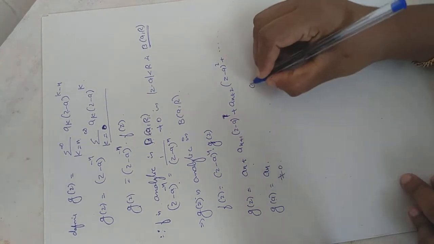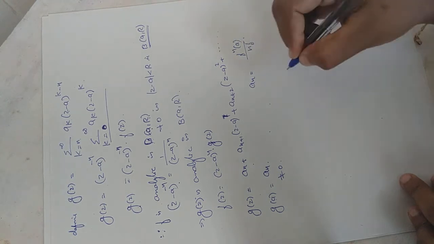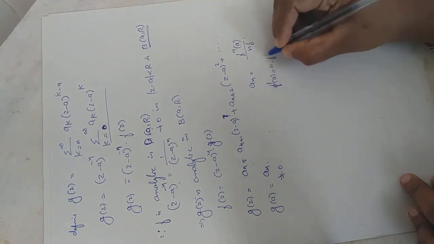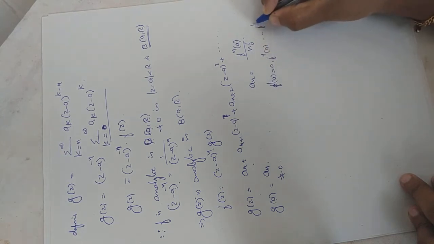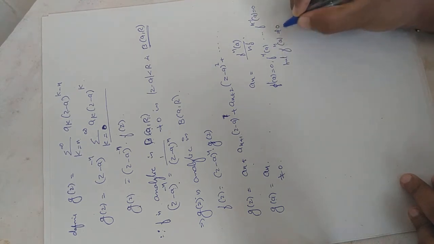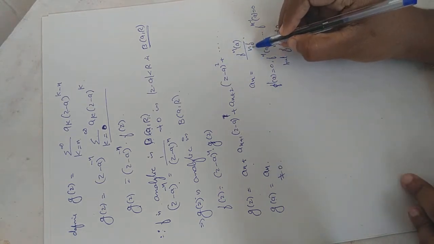And a_n is a non-zero term. Why? Because a_n is defined by the nth derivative of f divided by n factorial, and we have assumed that f'(a) = 0, f''(a) = 0, etc., up to the (n−1)th derivative at the point equal to 0, but the nth derivative at a is not equal to 0. So a_n will be the nth derivative divided by n factorial at that point.